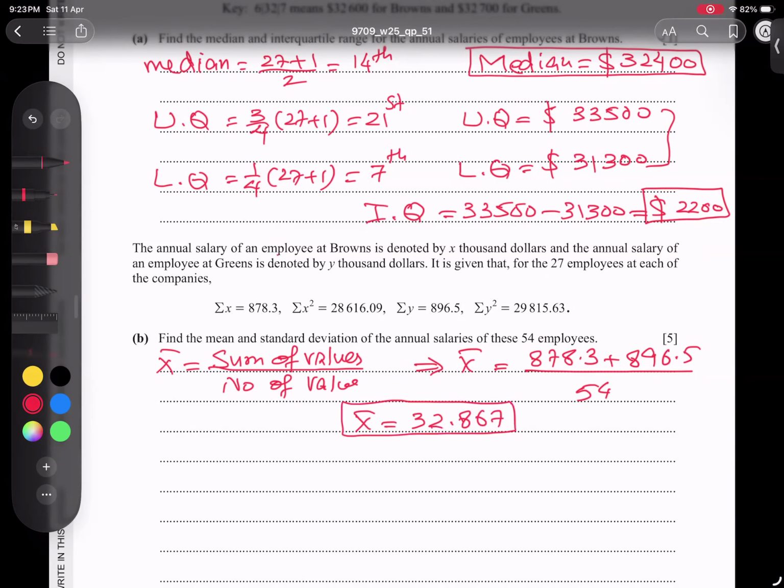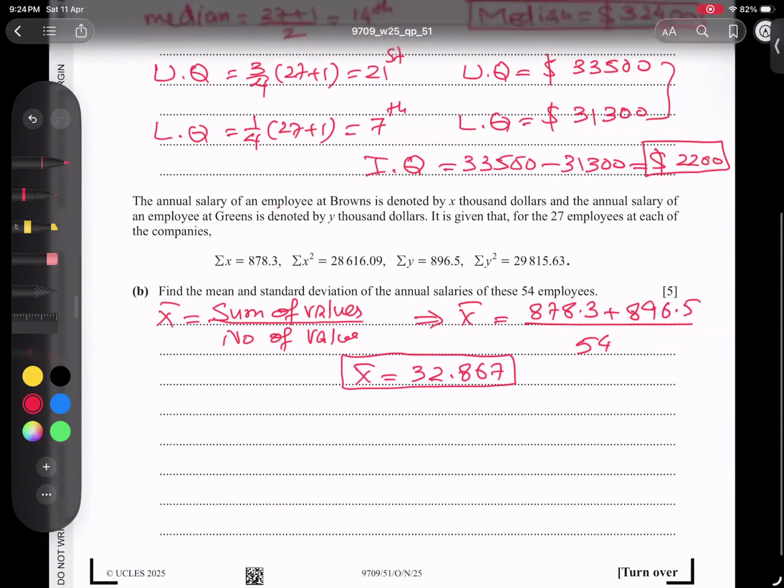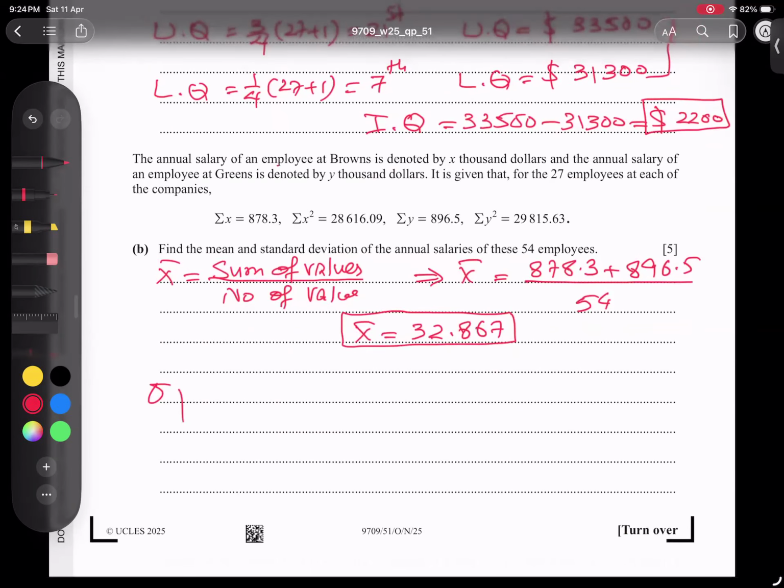I hope the point is very clear. Now, the further part is asking for the standard deviation, so we must know the formula for it. The deviation formula is, students, sigma x squared plus sigma y squared over n, minus the mean of the whole group squared. We have the mean already. If we apply it, just a minute, let me check.